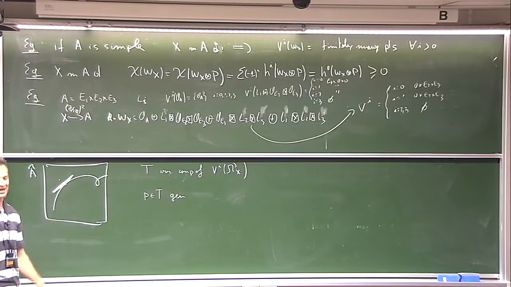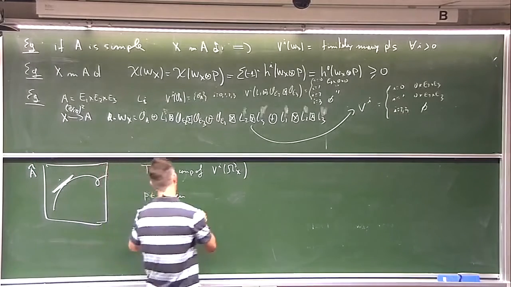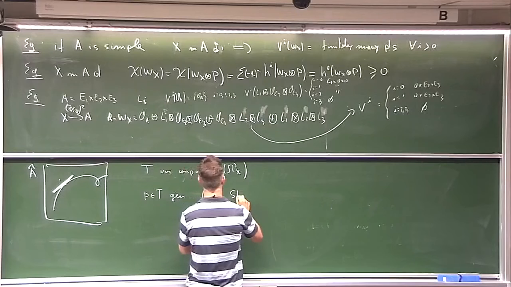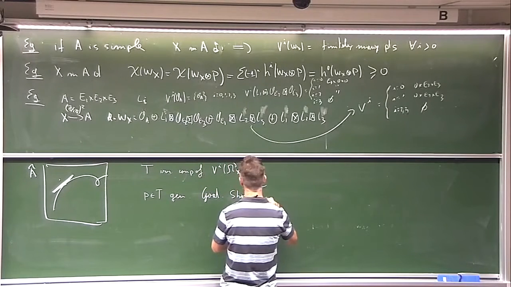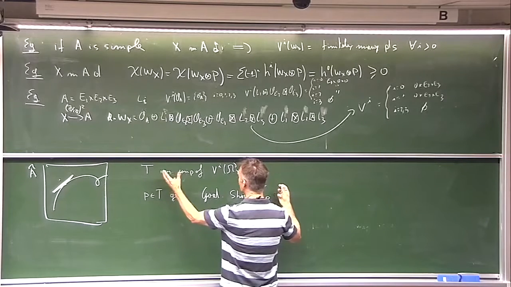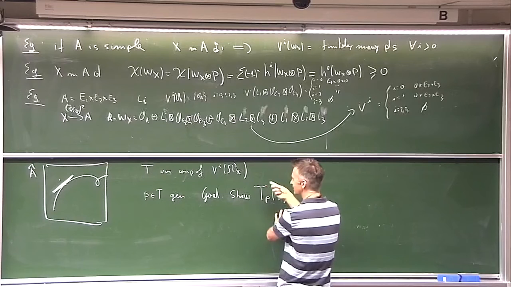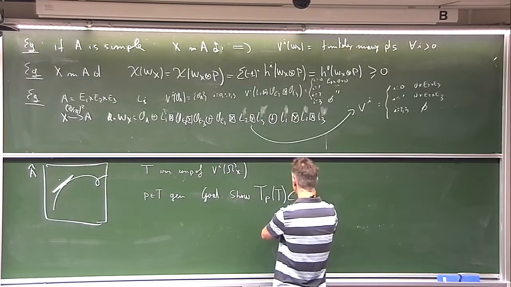It should not behave like that. So I pick a general point, and the goal is to show that the tangent space at P, and luckily I called this irreducible component T as well, well, it's going to be a torus eventually, so might as well call it T, is contained in T.